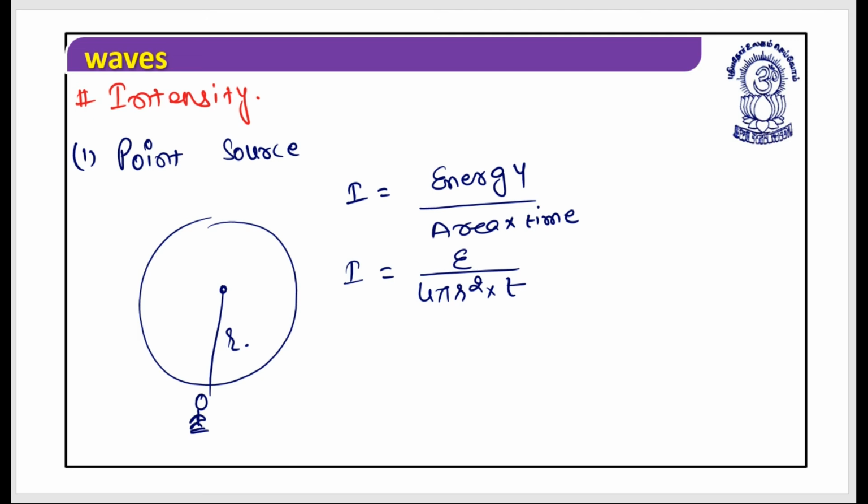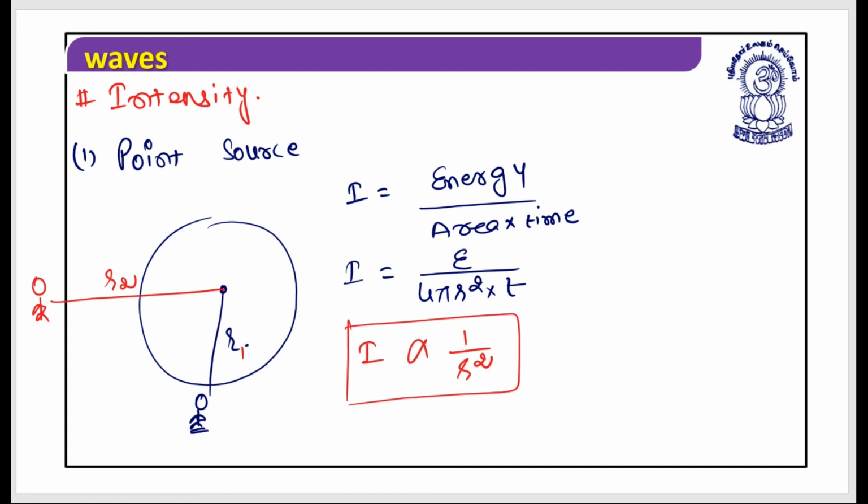You and your friend are at different distances, let's call them r1 and r2. Your friend will definitely receive a lesser amount of energy because intensity I is inversely proportional to r square. This is the case of the point source, where intensity decreases with a relation of 1 by r square. I hope this is clear.